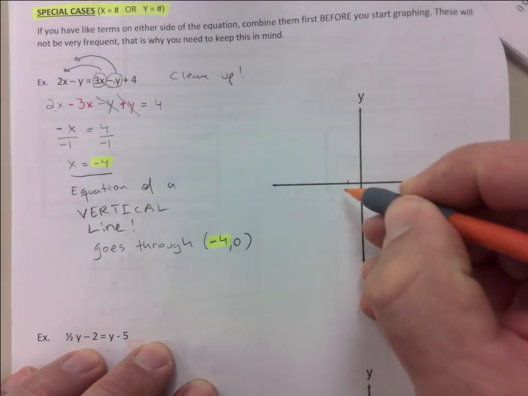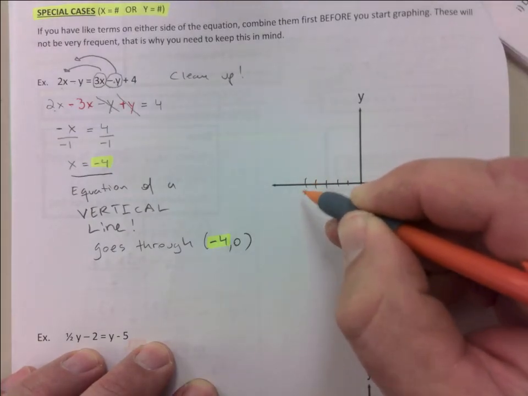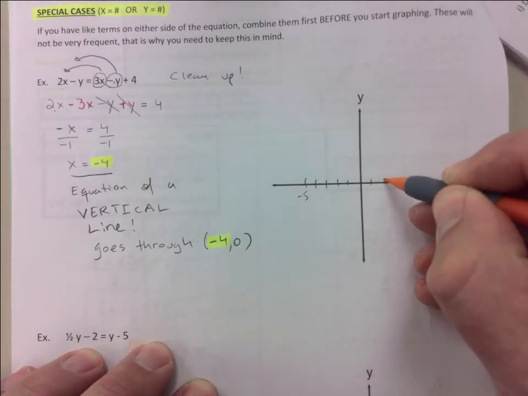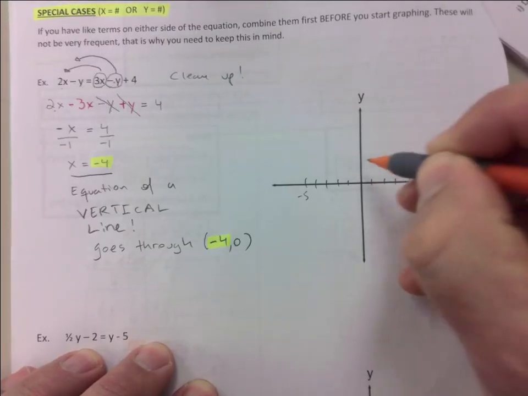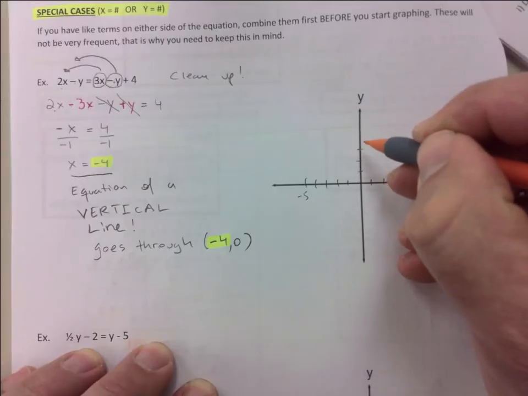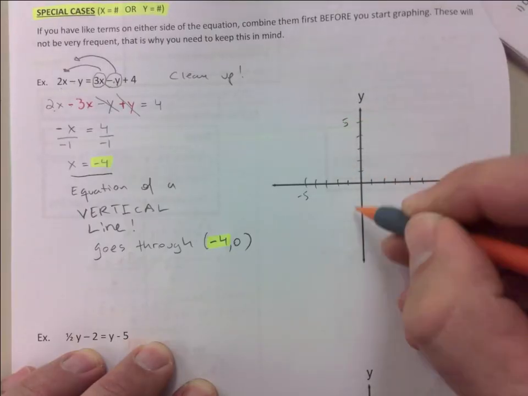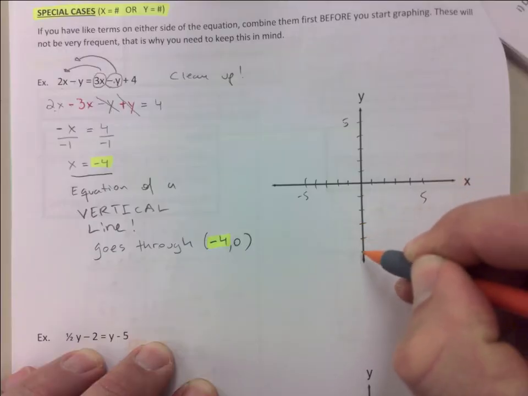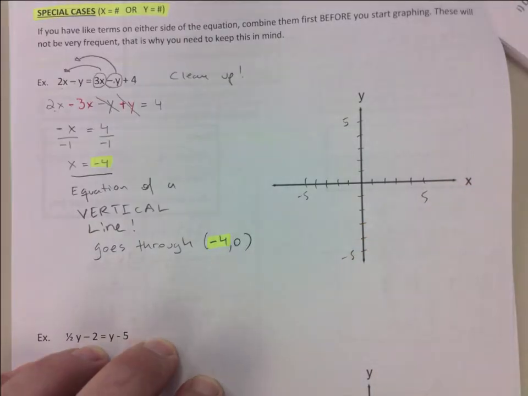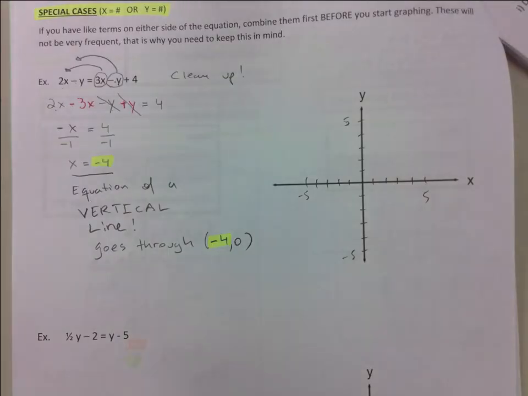So it goes here, 1, 2, 3, 4, 5. This is negative 5. We'll go in every direction, even though we don't really need a whole lot of elaborate scales here. I'd still want you to do it. So where is negative 4, 0?